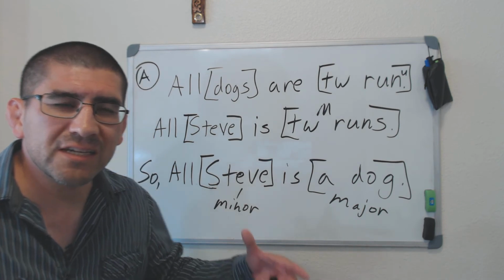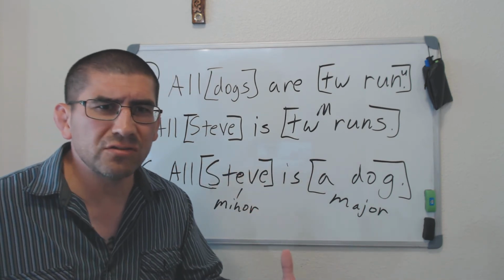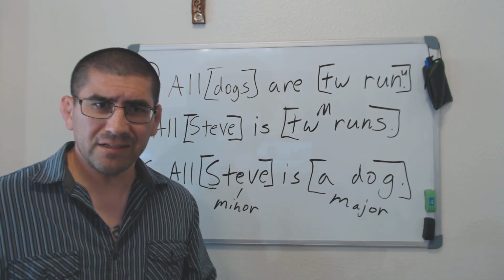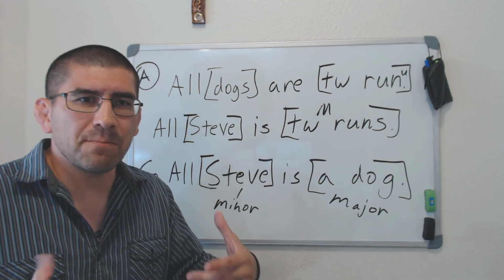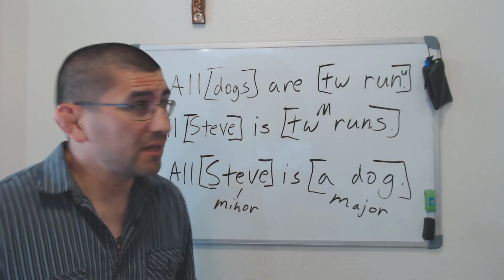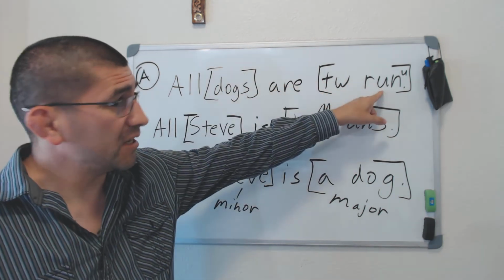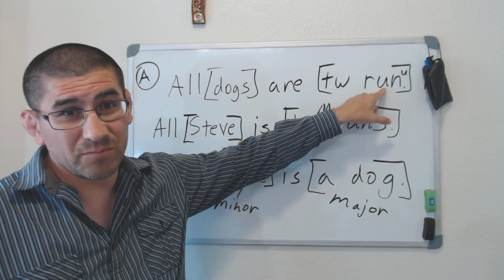So the middle term is connecting the other two terms. So the middle term must be used universally at least once. It must be used very generally at least once, so it has the power and it's broad enough to connect the other two terms. In this proposition, it's not used universally. It's undistributed, and undistributed means particular.